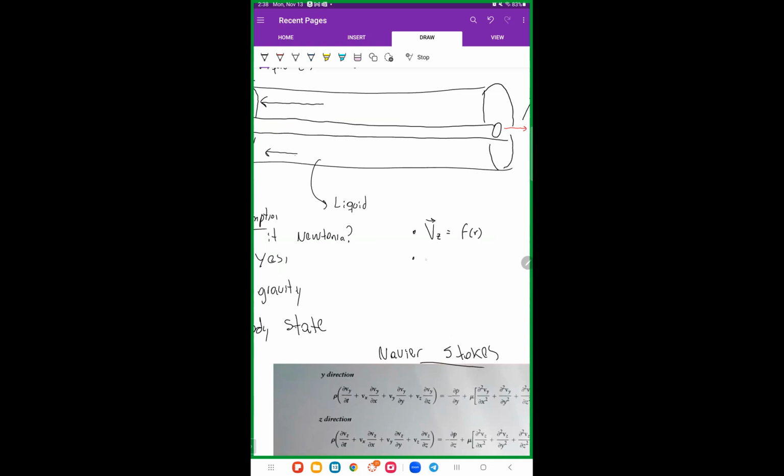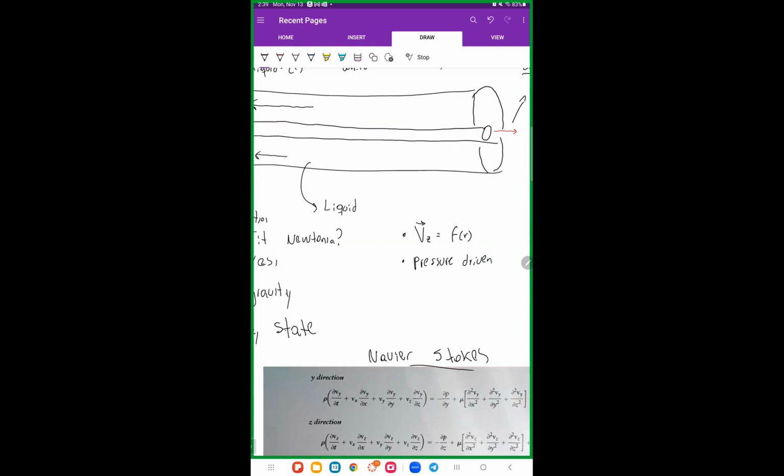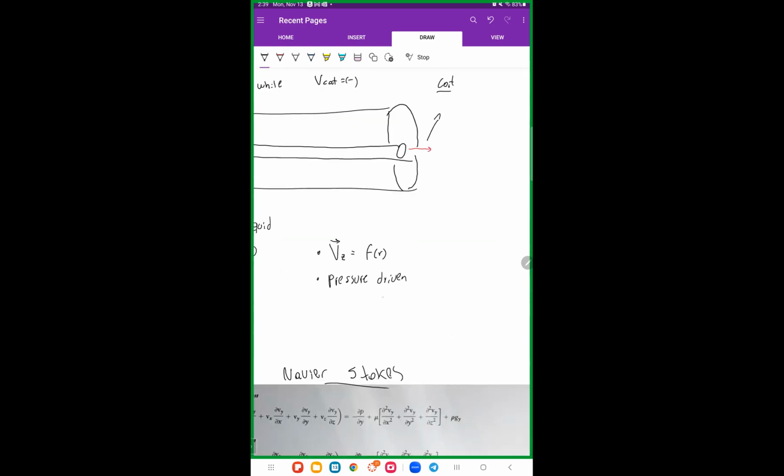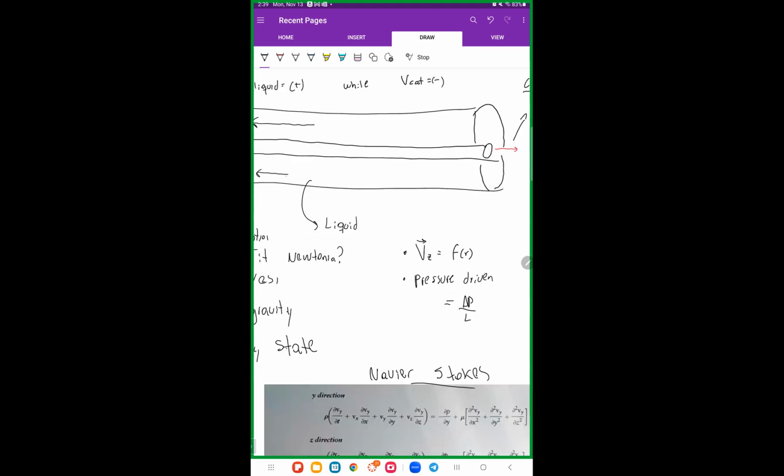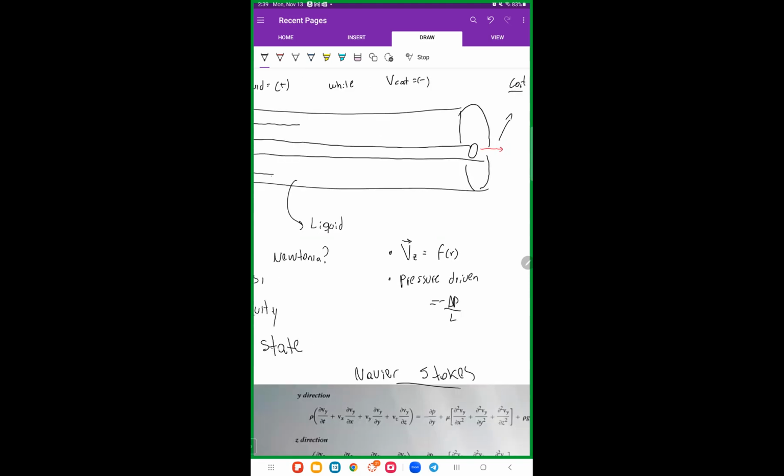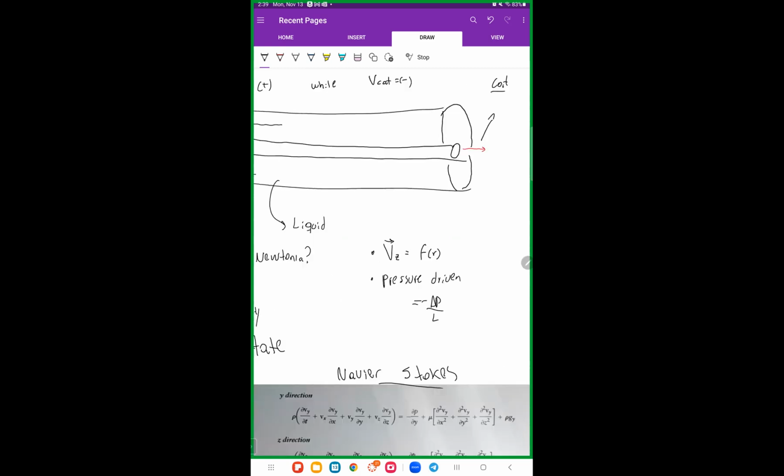Okay, that's good. You know what that means? Delta P over delta z, or delta P over L. Do you know how that negative delta P over L works? Essentially, your change in pressure is a function of your length.